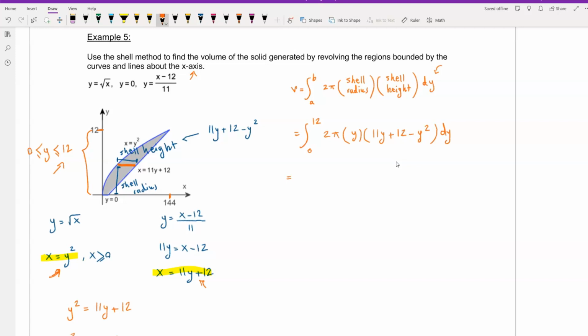So here we have this 2 pi is constant. I'm moving that outside of integral. And then multiply this part y times 11y plus 12 minus y squared.